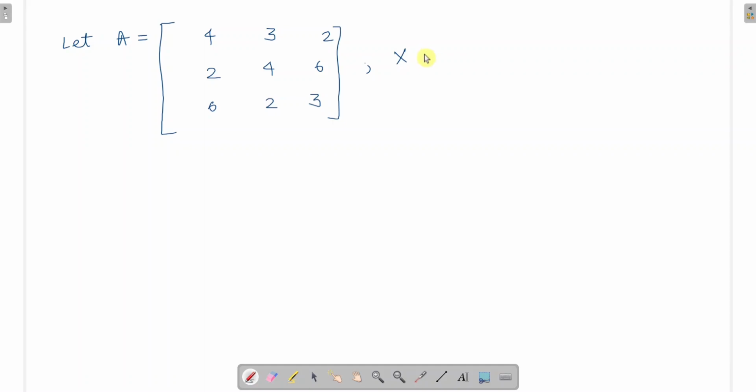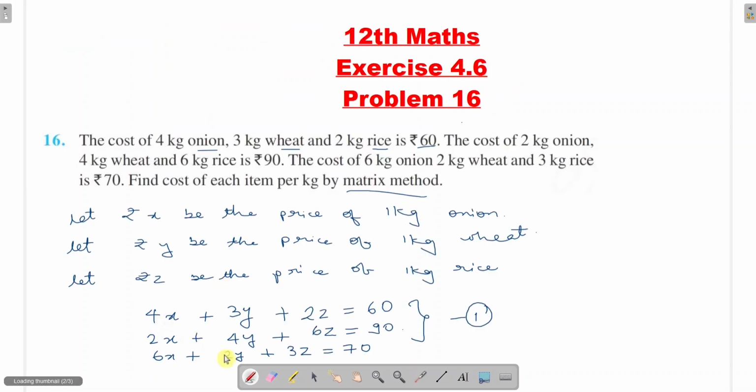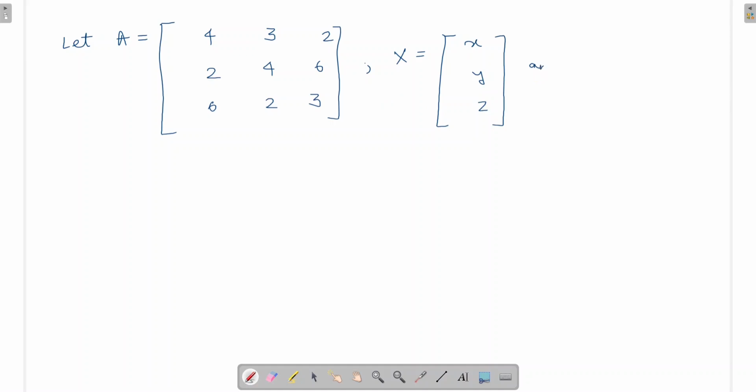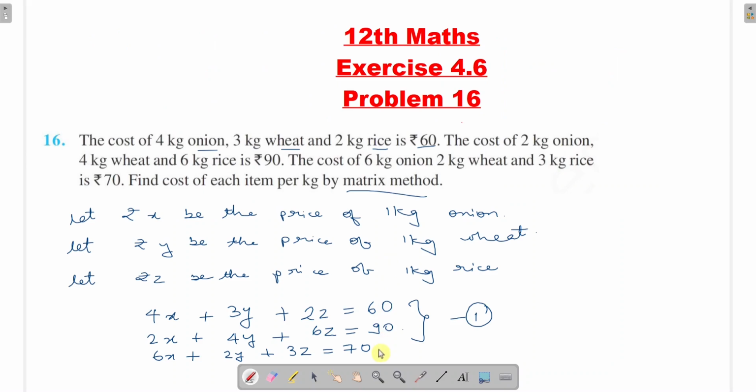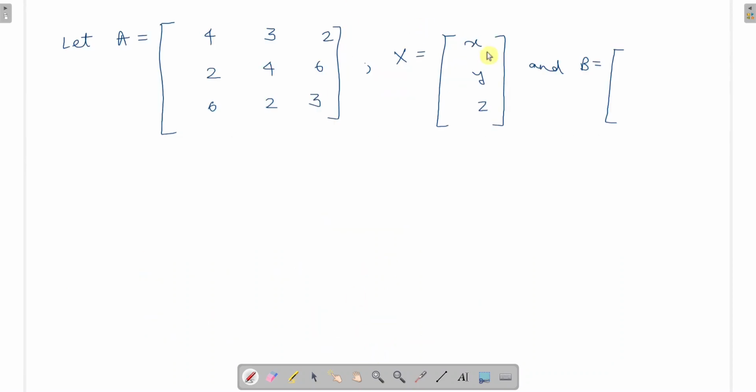Then let capital X be equal to x, y, z, that is the x, y, z from the system of equations, and capital B equal to the constants on the right of the three equations, that is 60, 90 and 70.